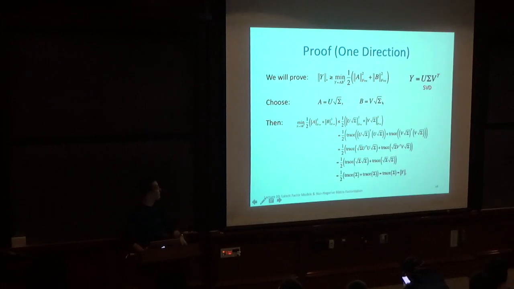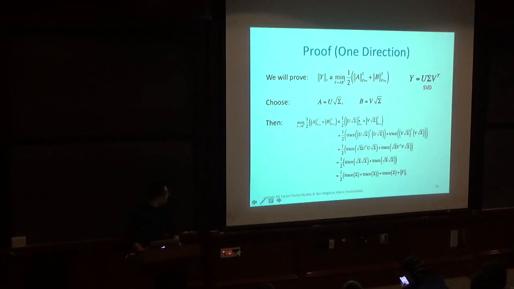But as you can see here, there's a clear relationship. So first of all, it's clear to see that A B transpose equals Y, by definition, basically. And so the first inequality is basically saying that the minimizer of this is less than or equal to this, which is also by definition.